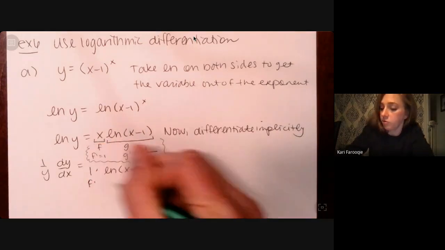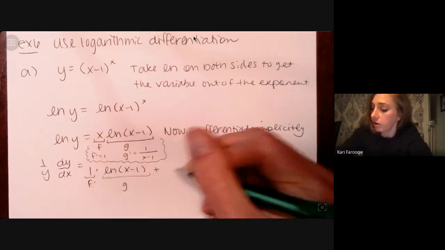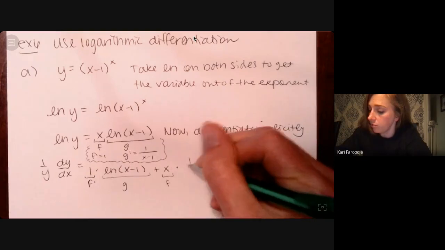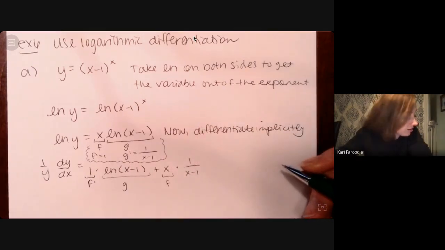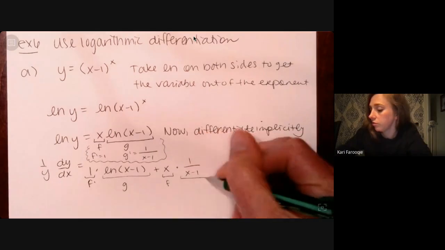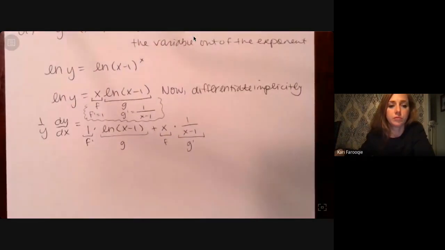So that was f prime g plus f times g prime. And we don't have any y's on the right side. So on the right side, we don't need to worry about taking any or including any dy dx's. Okay, now we're going to solve for dy dx.